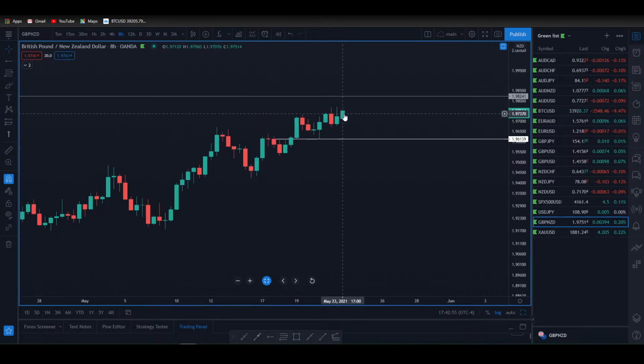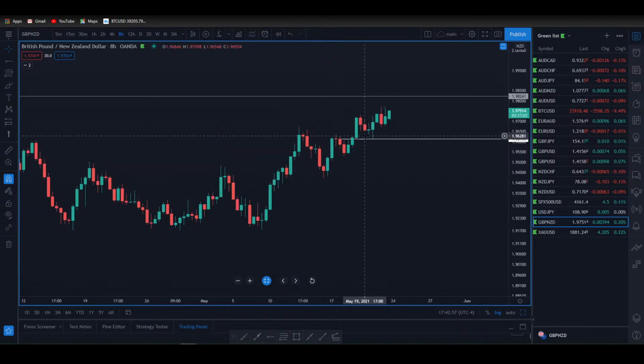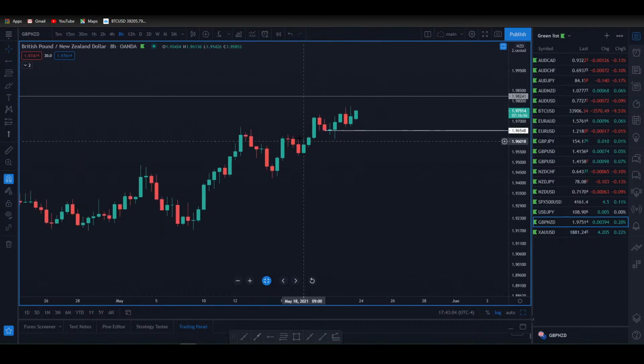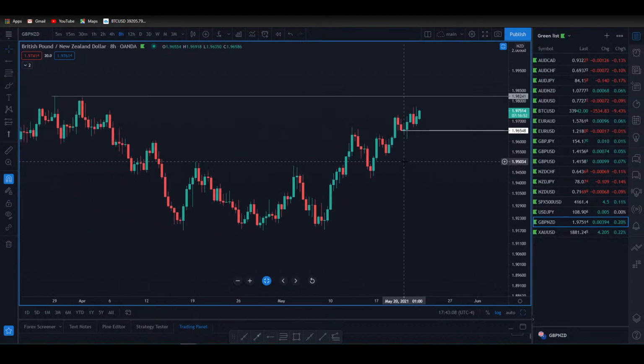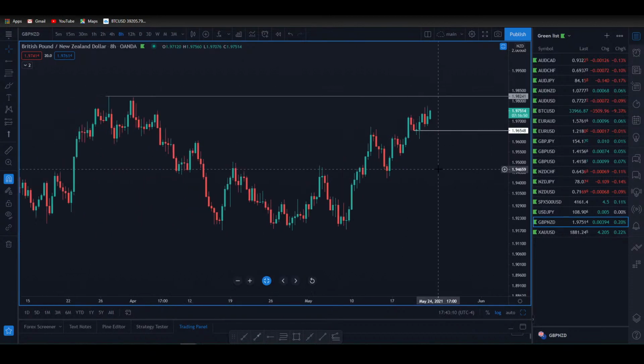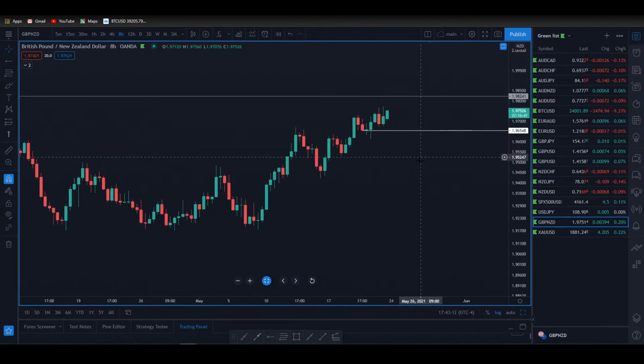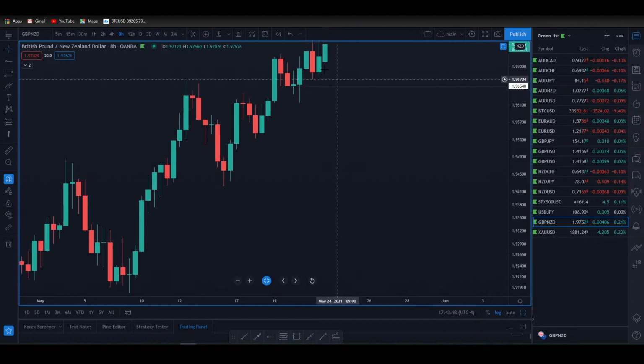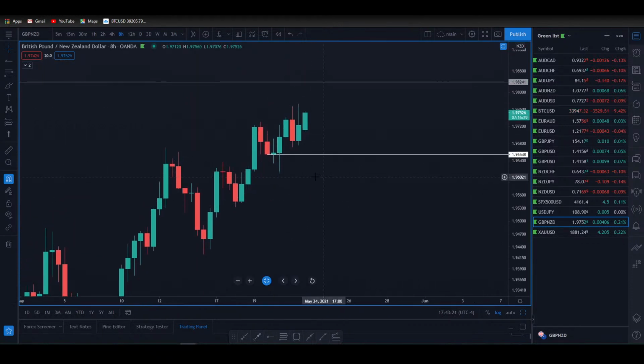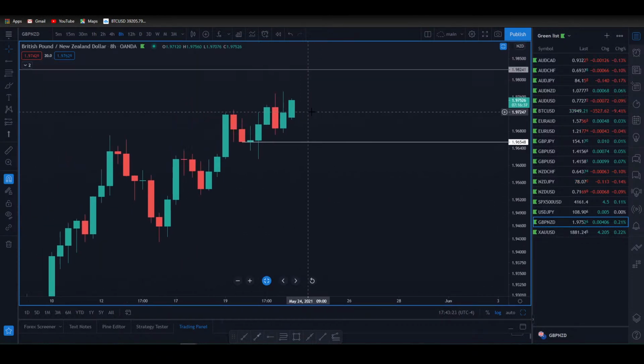Nah, I still like that area. Your 8-hour support is right there, so you can watch that first. If you lose that on an 8-hour closing basis, drop back down to this one and look for that. Right now it looks bullish. This is a new daily and you're trying to break out of this daily range right here. So yeah, it's bullish. Only look for bullish setups.